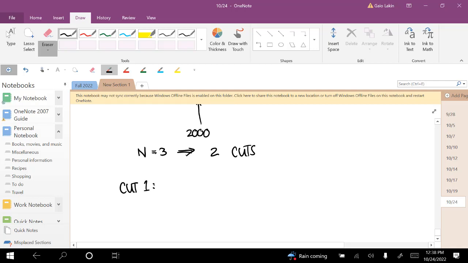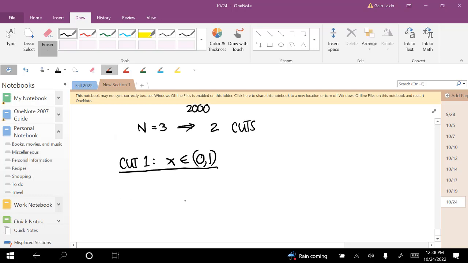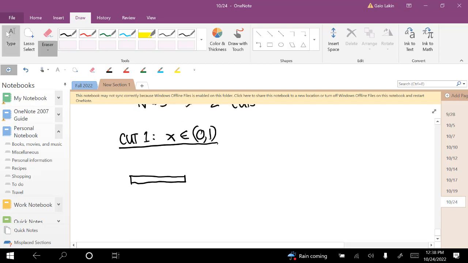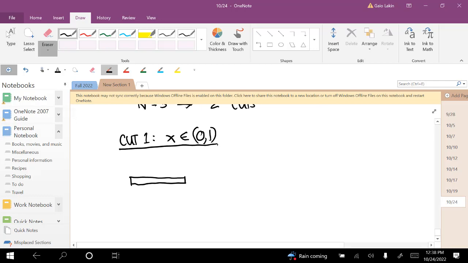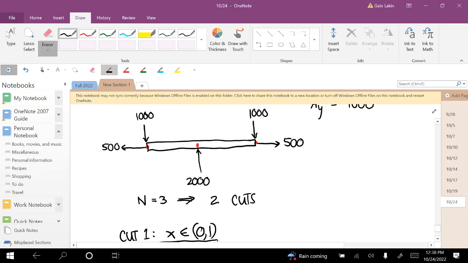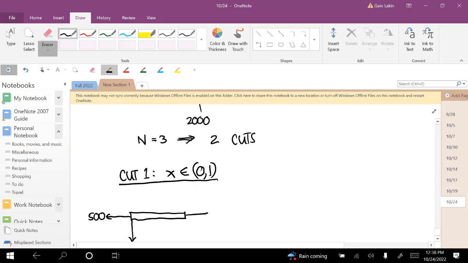Okay, so cut 1 is going to be for x values between 0 and 1. The free body diagram, we have the 500 to the left, we have the 1,000 down, but we haven't made it to the 2,000 up, so all we have besides those on the left are the internal loads.